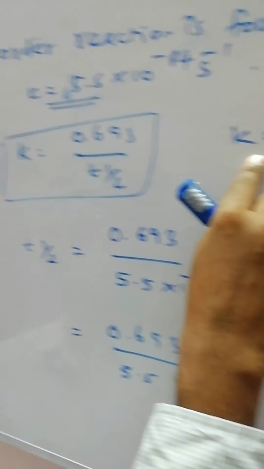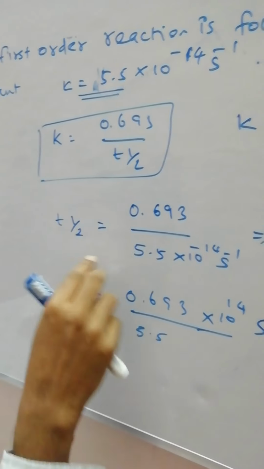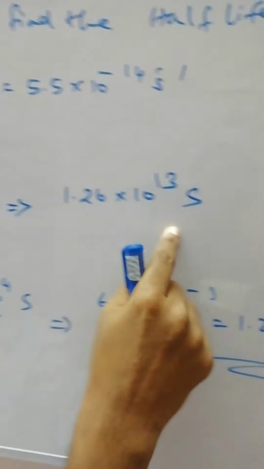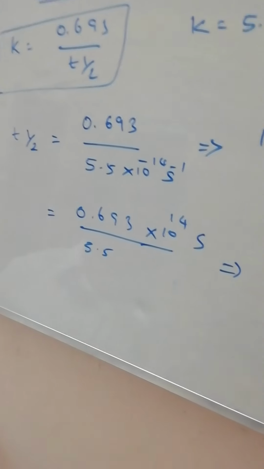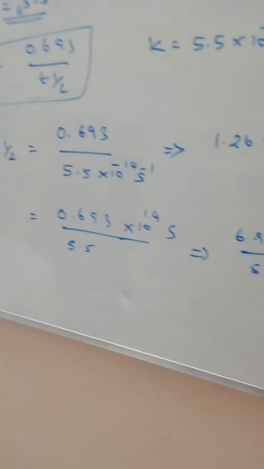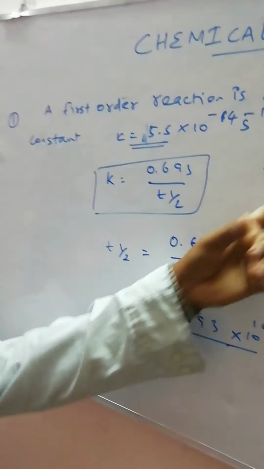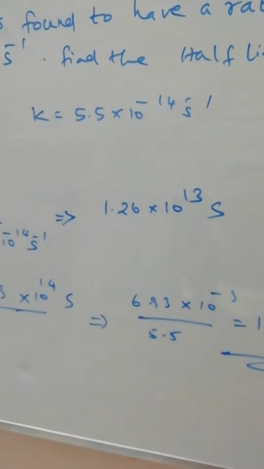The k value is given in the question. Substitute in the equation, rearrange the equation, substitute the value. Just by simplifying the values, you get the answer. Next, I move to the next question. Any doubt in this question? Very simple: write the formula, substitute the value, simplify, and you get the answer.